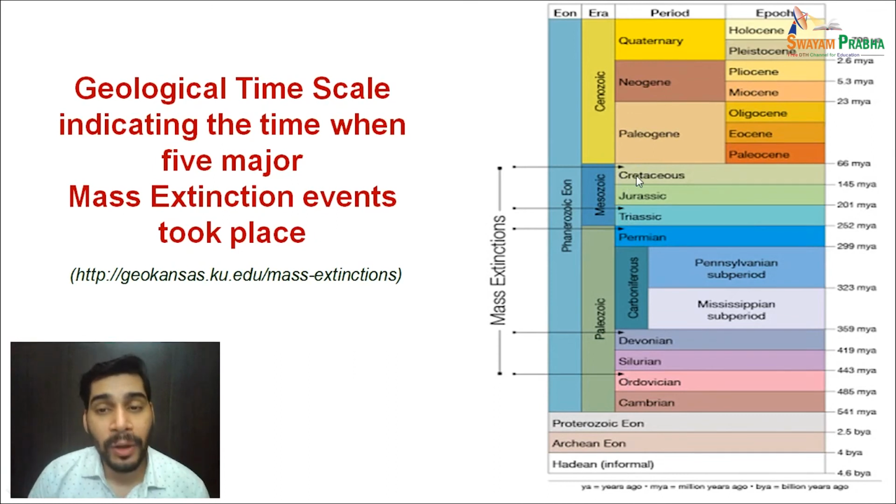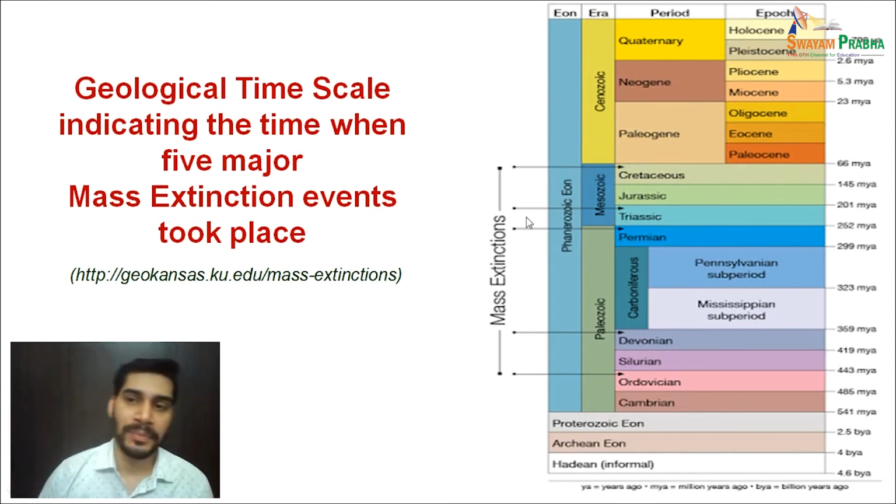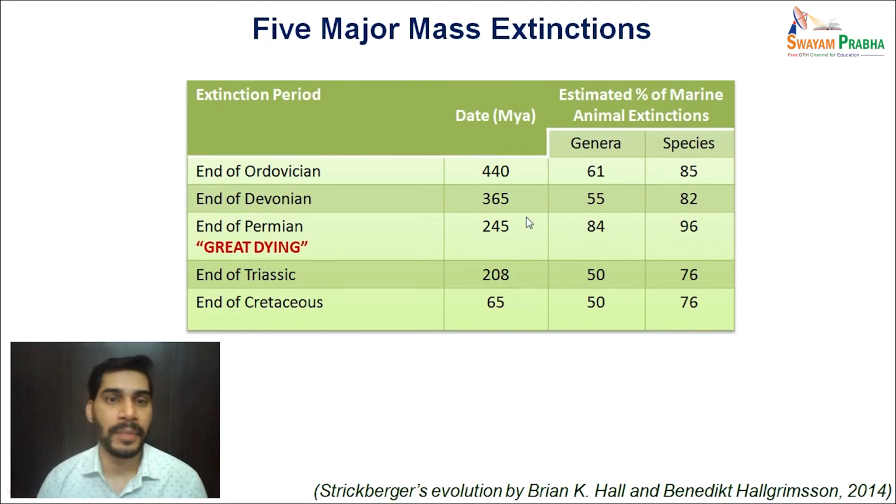And why we call them Cretaceous-Paleogene or Triassic-Jurassic, because that was almost at the junction of these two periods, and that is why they have been named like that. So these are the 5 major mass extinction events that we have been talking about.